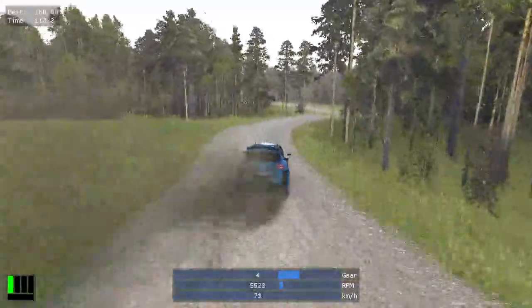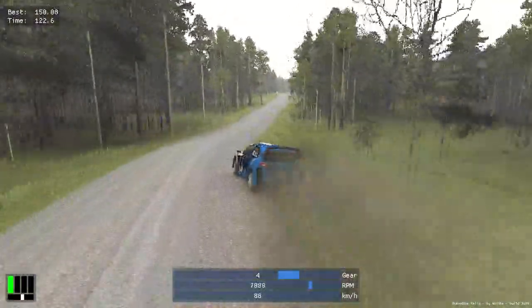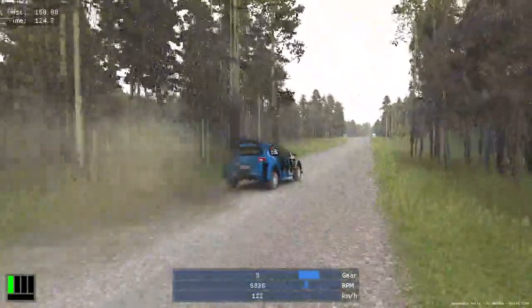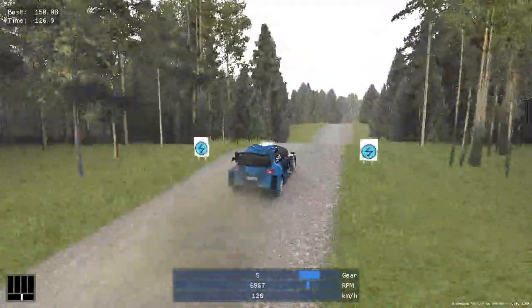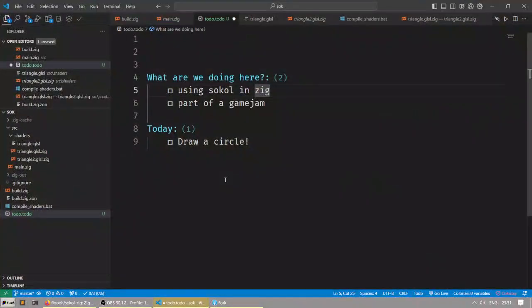Although I do have another game from back in the day, but that was like a 2-week engine that I published a long time ago. But yeah, anyway, let's go back to Sokol because this is not about that. In the future, hopefully, I want to use Sokol for a future engine.